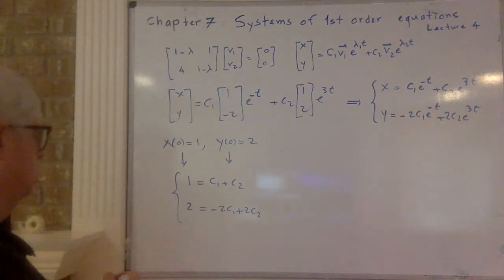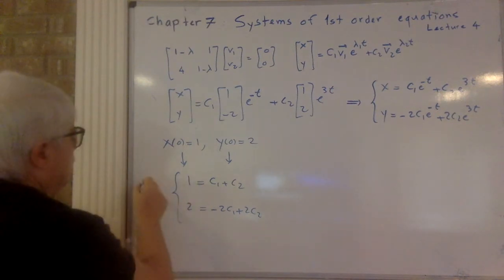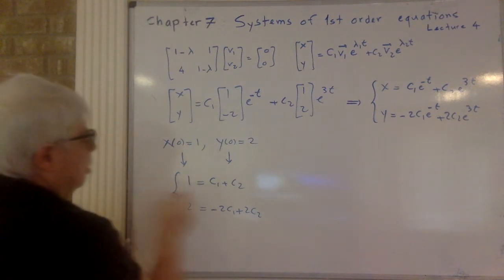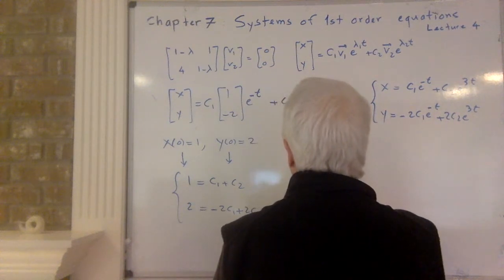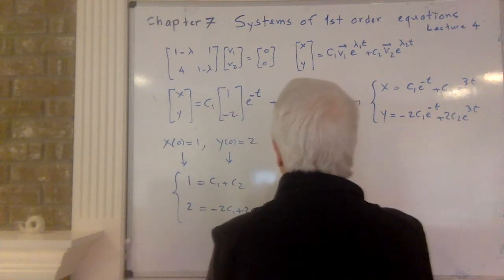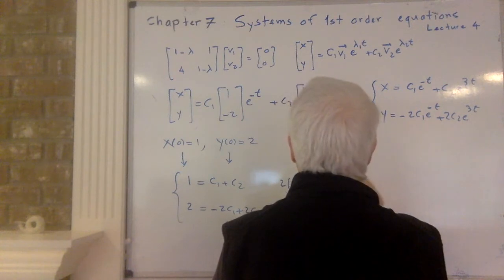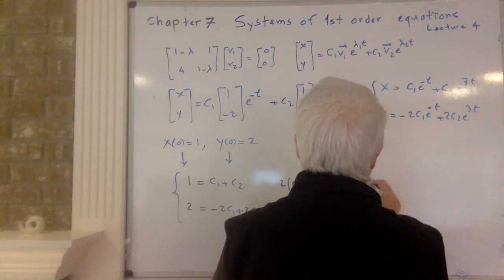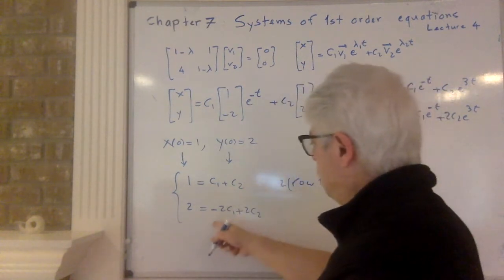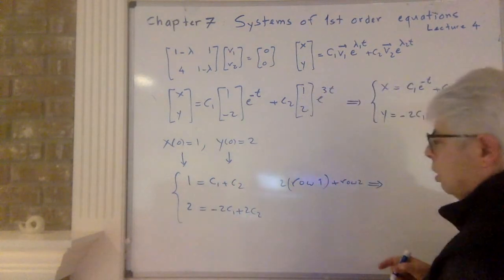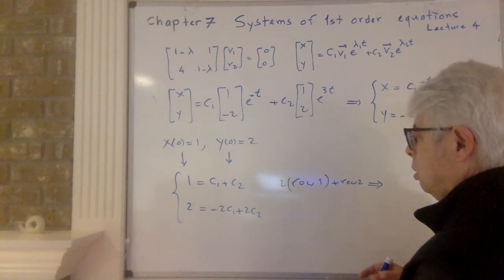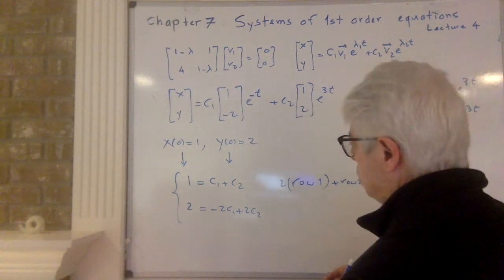Okay, so if I multiply this one by 2, row 1 times 2 plus row 2, it gives me, if I multiply this by 2, I will get 2, 2 is 4, and do I have 4 on the other side too?